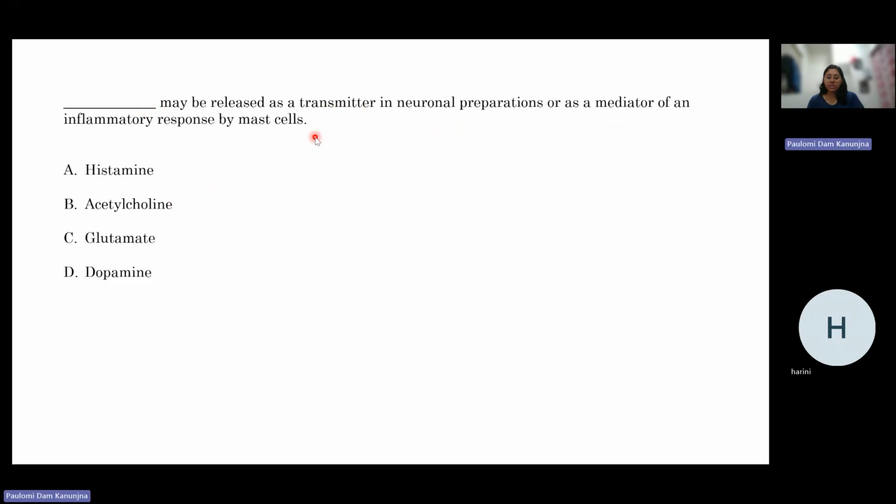Do you have a guess? You can take a guess here. We have acetylcholine, glutamate, dopamine, and histamine. Which of these words do you generally associate with allergy or inflammation? Any idea?